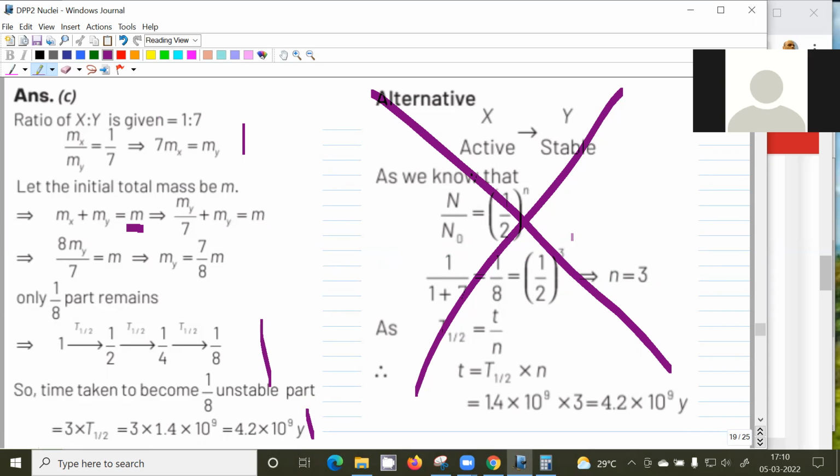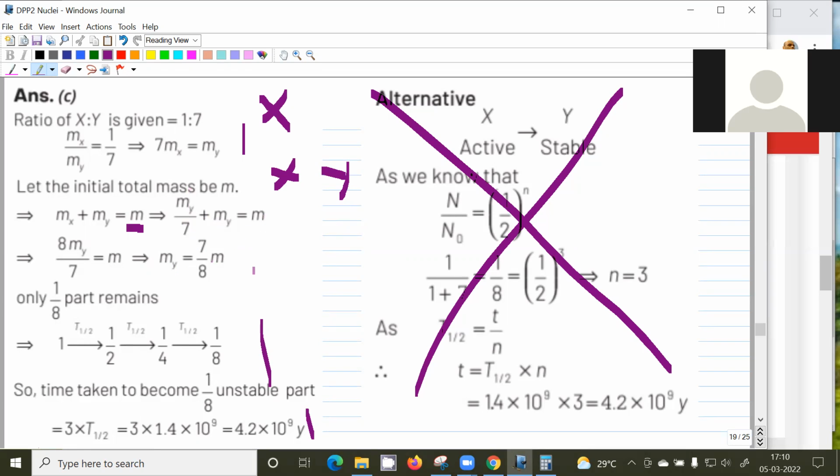Okay, then you figure out both should turn out to be the same. But this is the basic idea. Initially, it's fully X. As time progresses, both X and Y will come. So at a particular time t, the mass of Y is 7 times. The ratio is 1:7, so the mass of X will be 1/7 of Y. From this at a particular time, you can find mY and mX.